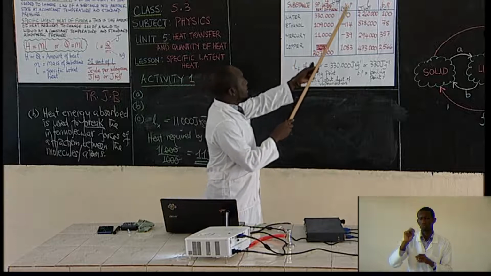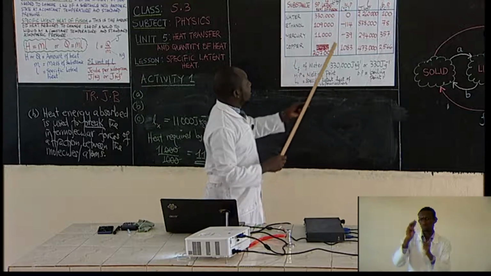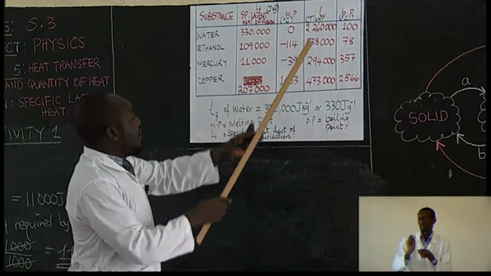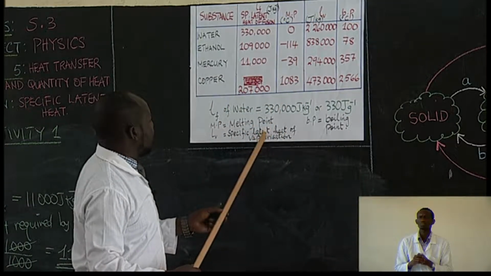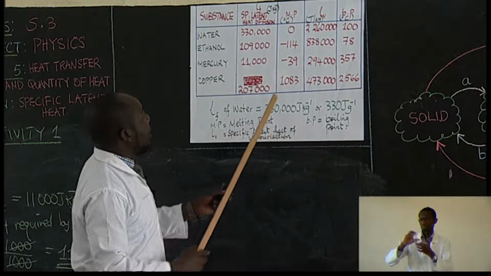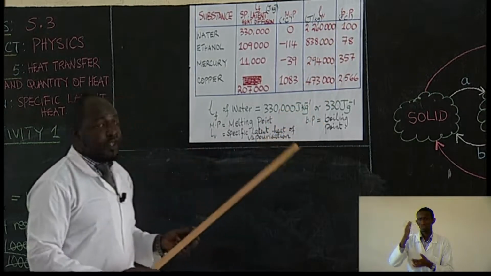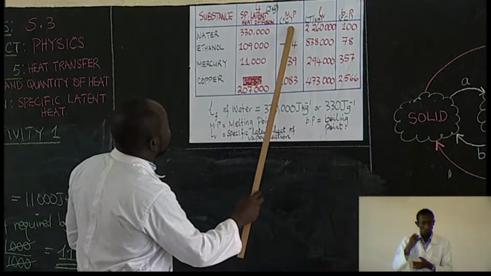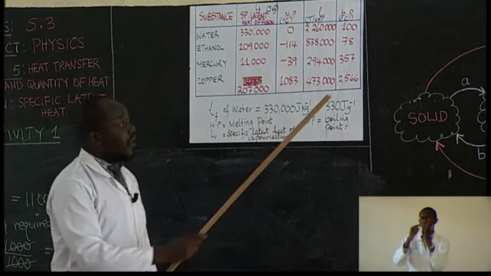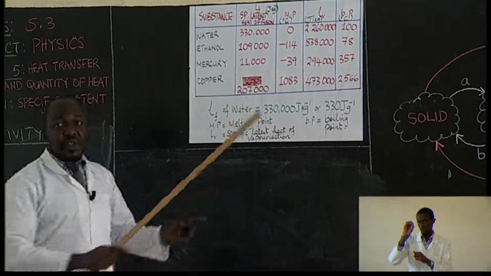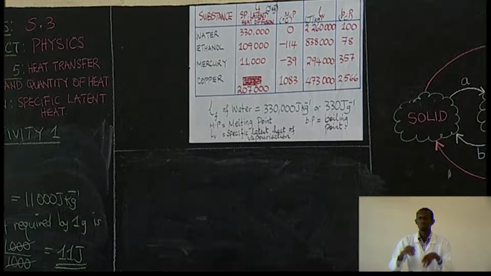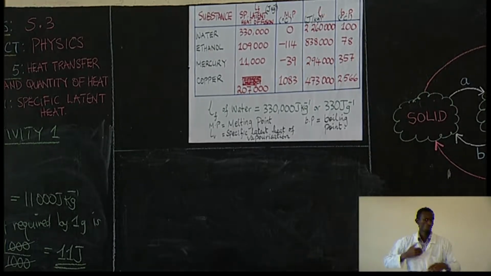Then this is melting point, MP. I didn't have enough space, so that's why I used those abbreviations. LV is specific latent heat of vaporization, and BP is boiling point. If you look at water, the melting point of ice is 0, and the boiling point is 100, and so on. You don't need to cram those values, but they are important for us to know. We shall always be giving them to you.